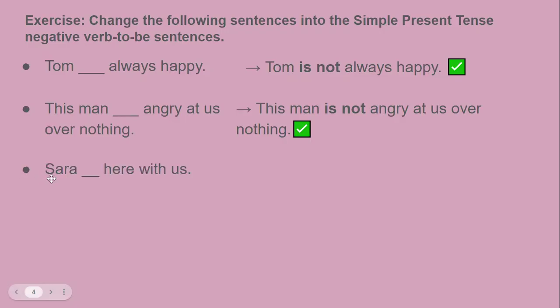Next sentence. Sarah, space, here with us. So you've got the subject, Sarah. Sarah, it's a she. And let's not forget that this is a negative sentence. So we need to negate it, meaning make it negative.